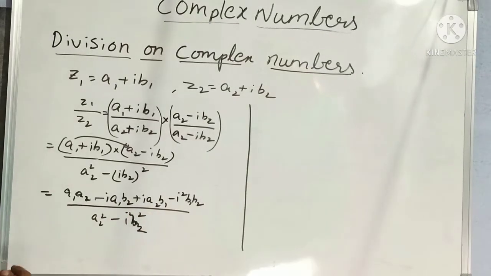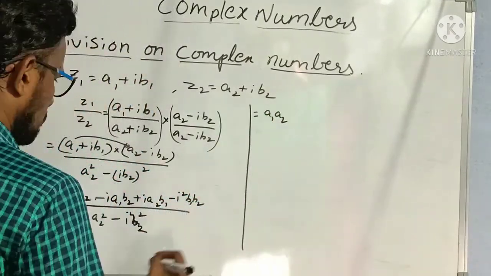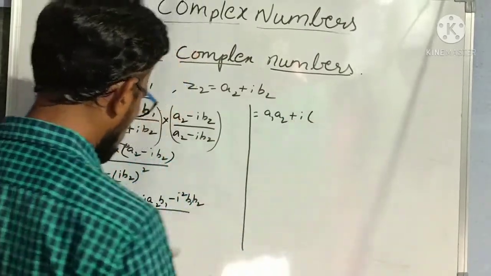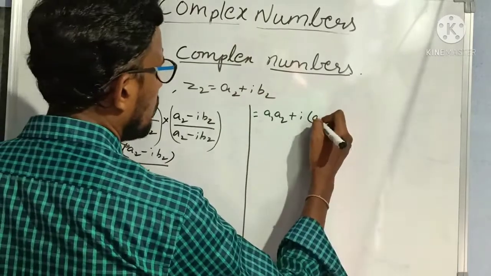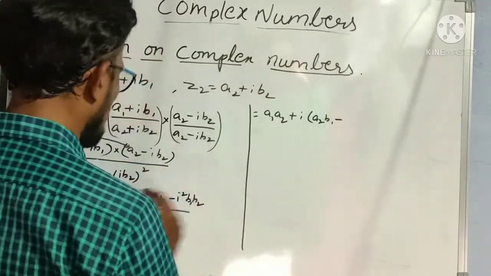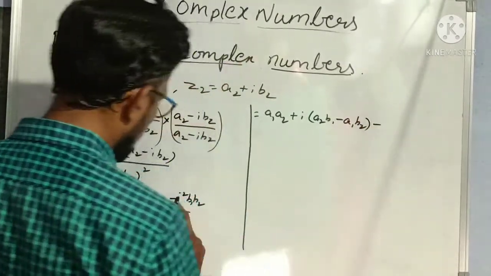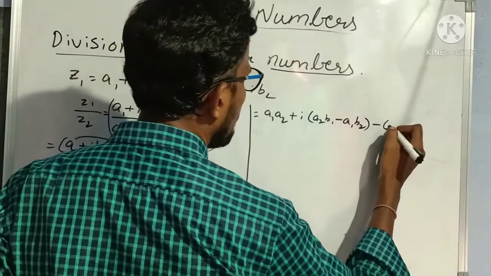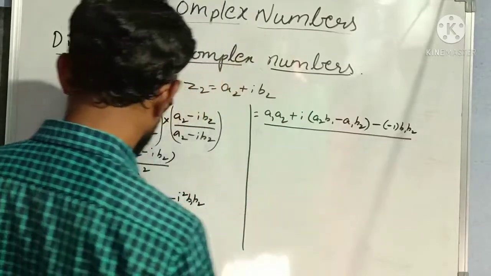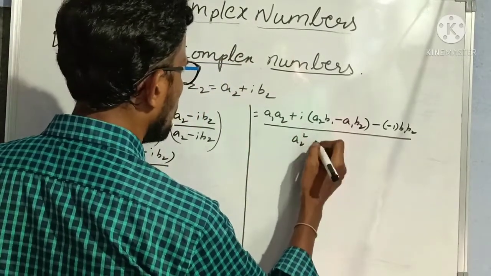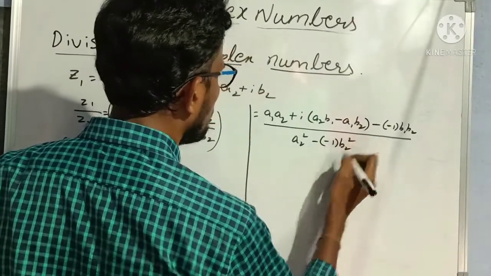Now again it is equal to A1A2. If I take i common in this, plus i into, now I have to take the plus term first, A2B1 minus A1B2. Again minus, can I substitute the i square value, minus 1, here? So minus of minus 1 into B1B2, by, here A2 square minus, here also the i square value is minus 1, into B2 square.